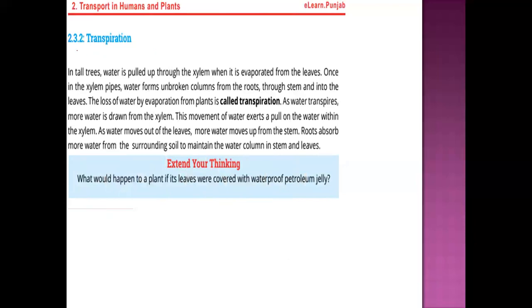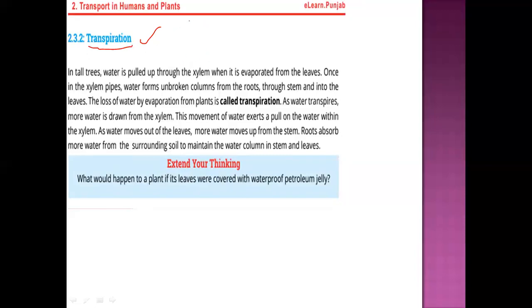Okay, so we were talking about how it happens that in taller trees, water can be transported from a very low level, that is from the roots, up to high altitudes. It happens through a process called transpiration. It is a very important term in the study of plants.